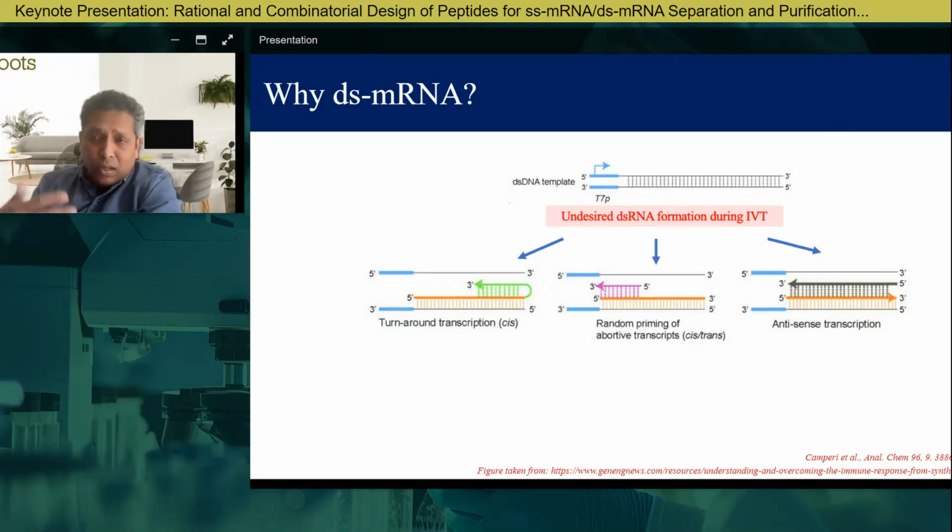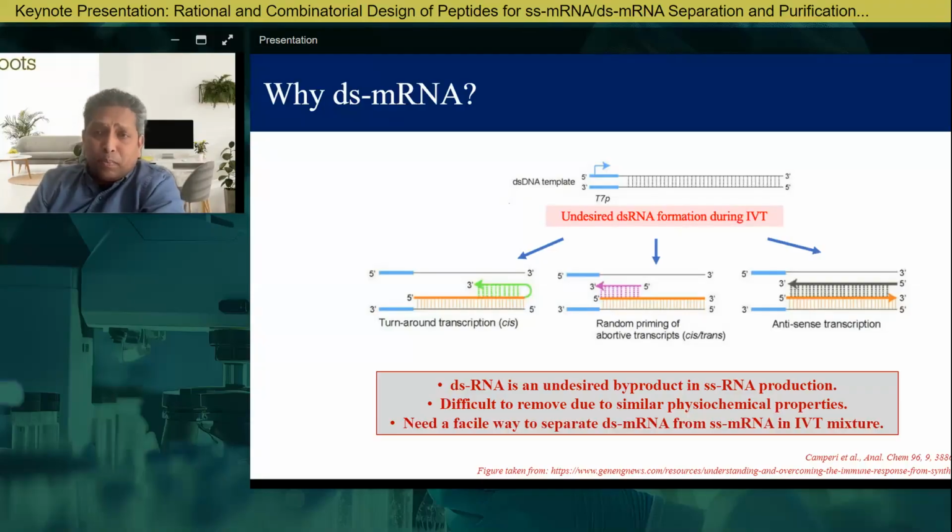And again, this is not the forum to go into that, but there are biological reasons, there are process-related reasons why you can have the formation of double-stranded RNA. Either way, it is an undesired impurity for several reasons. First and most important is that it is an undesired byproduct of producing single-stranded RNA because it does have immunogenic properties.